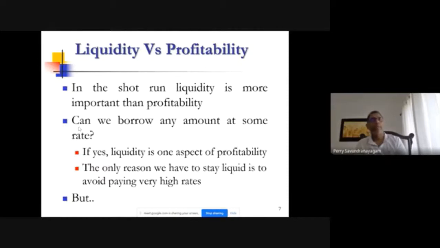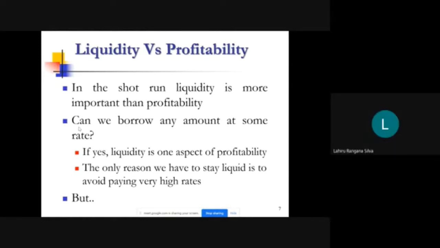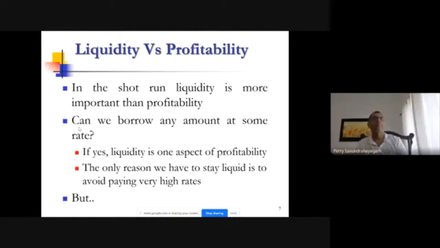If the bank has a view that interest rates will go up in the future, and it's giving out a fixed rate of 7% based on a client requirement or a regulatory requirement, then the bank has to have a way of hedging that. Agreed? Yes, sir. So if I have lent at 7% for 5 years, I should, in a very simple way, be able to borrow at, we'll say, 6% for 5 years.